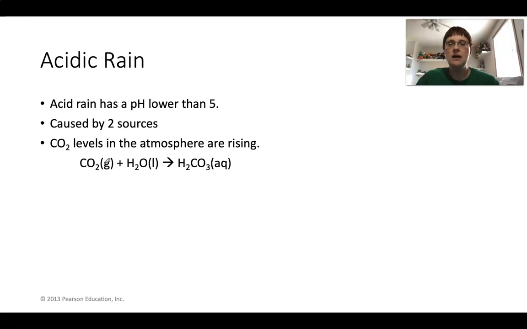Carbon dioxide, the gas, is going to interact with water in the atmosphere. And what it ends up creating is carbonic acid. This carbonic acid is dissolved in the rain and it falls down along with everything else whenever it rains.